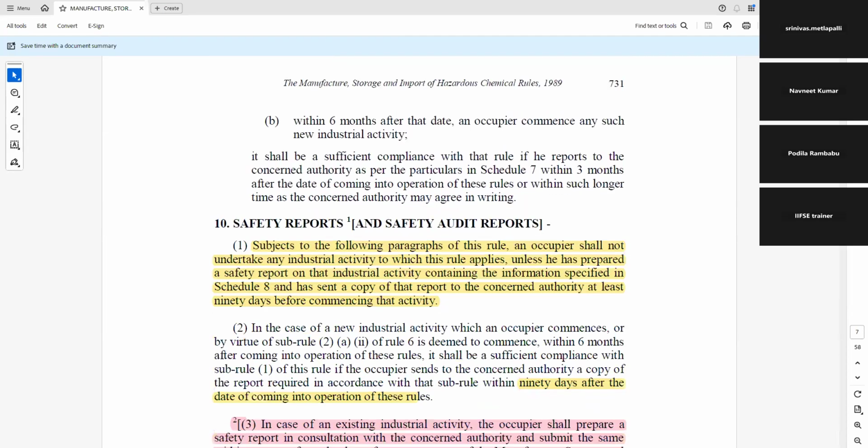Again, it shall be in sufficient compliance if the occupier sends his report to the concerned authority as per the particulars in Schedule 7 within 3 months after the date of coming into operation of these rules, or within such longer time as the concerned authority may agree in writing. So again, once you submit within 3 months, they will come up with an agreement in writing format.